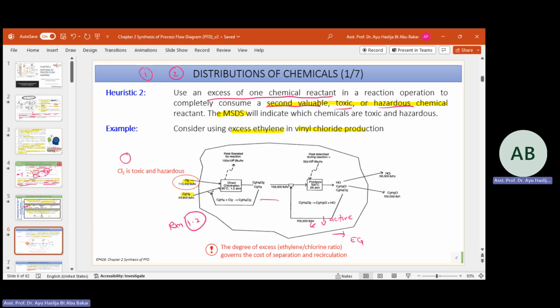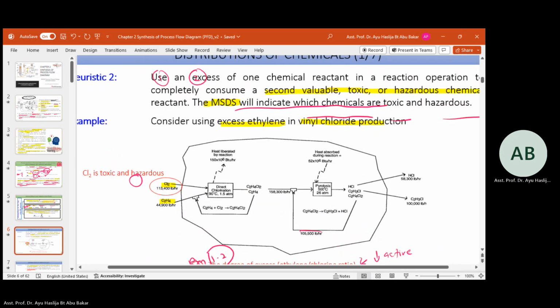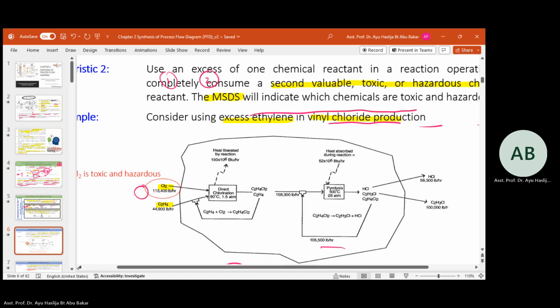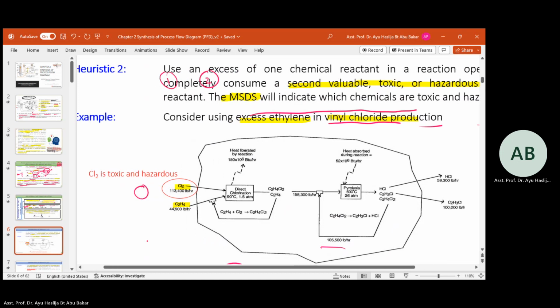Here it means that in the VCM reaction last time, we have C2H4, ethylene, and Cl2. Cl2 is toxic and hazardous.